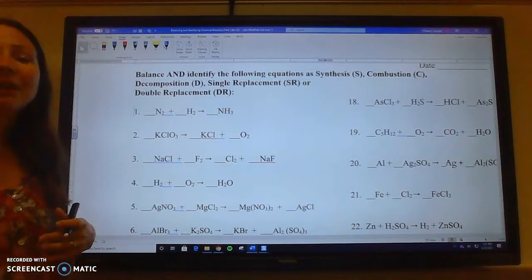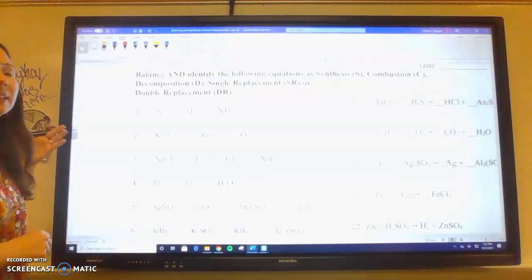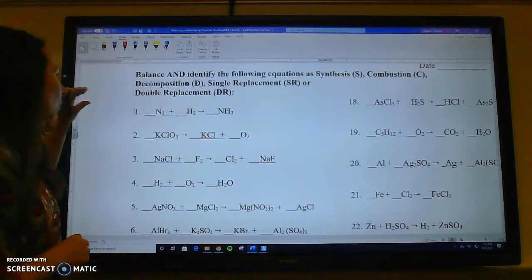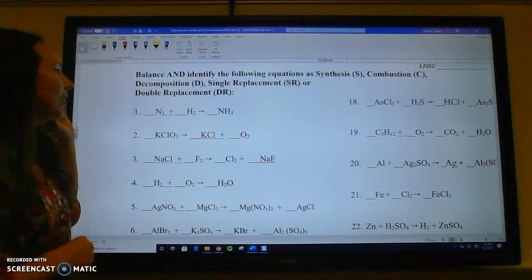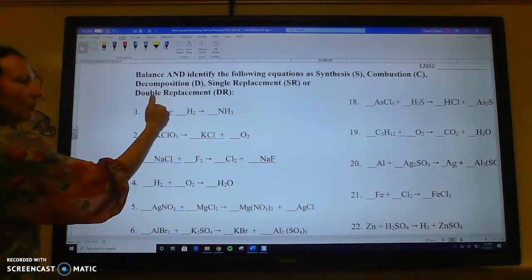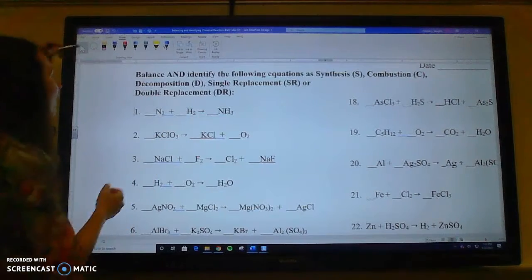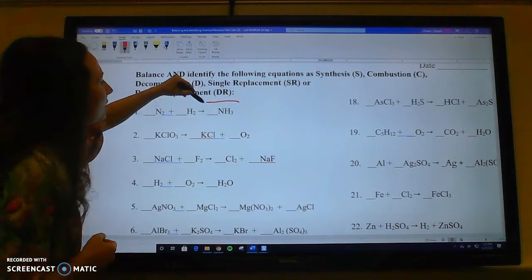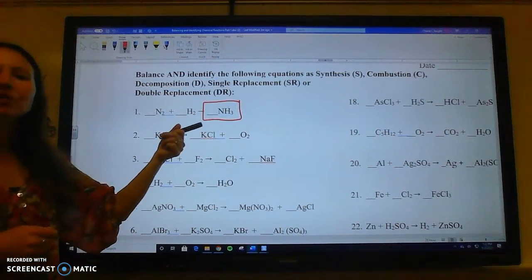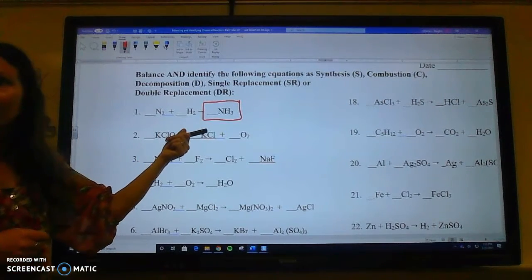So here's my strategy. By the way, for synthesis, it said that we are forming only one product. So we're going to look at number 1, and I want you to notice that in number 1, I have 2 things on the reactant side, and I only have one product. You are not going to draw all over these, but since I'm doing this to illustrate, I just want you to see there's only one product.